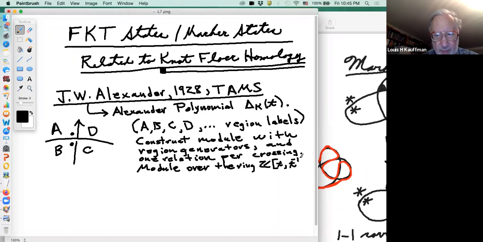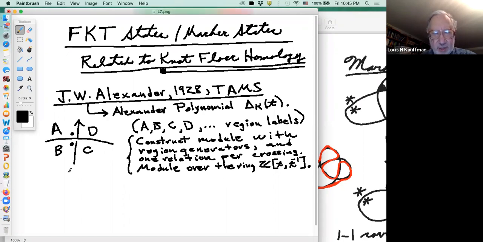Now, if you're familiar with modern knot theory, then you know that the so-called Alexander module is constructed as a module with some generators over the ring Z[T, T inverse]. Where it happens that these are region labels, I will remark in a moment, but that's what he did. He used region labels.